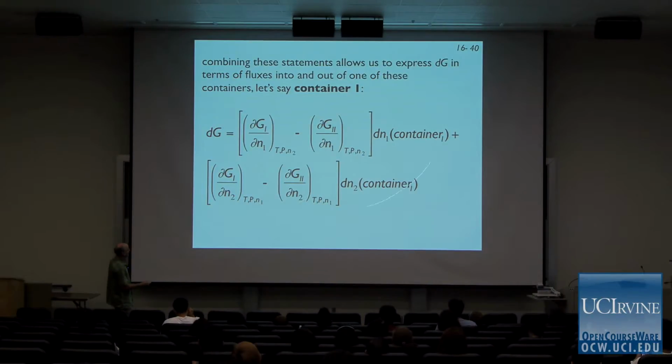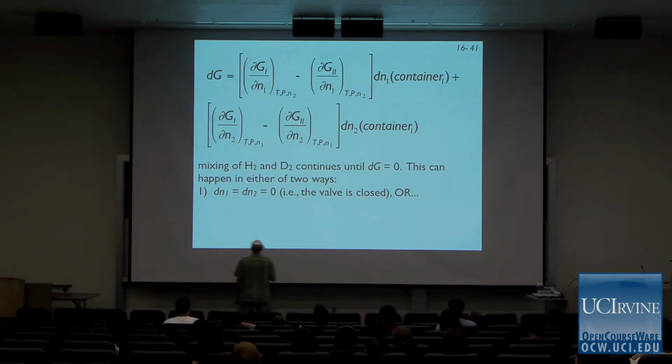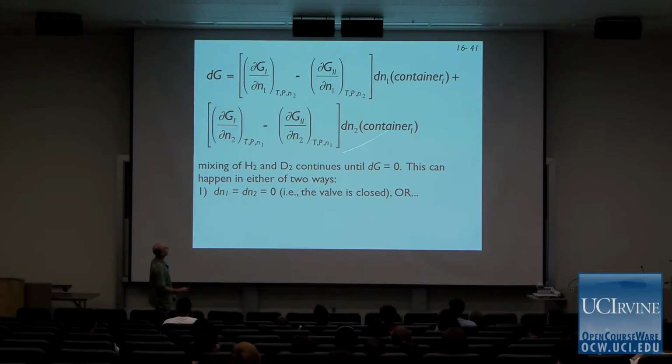This equation, I submit to you, is as counterintuitive as it is important. Why? The mixing of H2 and D2 is okay. We know that if we open this valve, these two gases are going to mix, and when they stop mixing, dG equals 0. We're at equilibrium. How can dG equal 0? Look at this. When is dG going to be equal to 0?